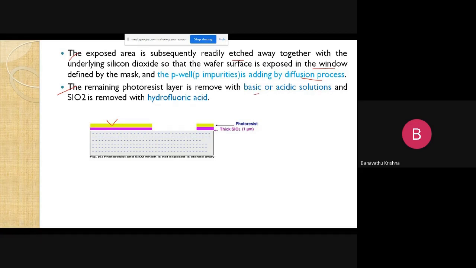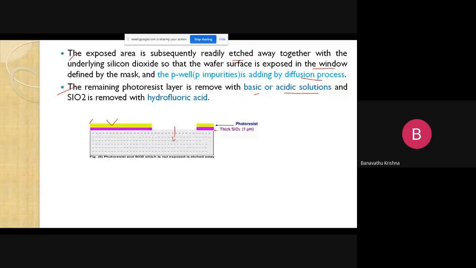The hardened area is very hardened because when the ultraviolet rays are exposed over the photoresist layer, it hardens. So if you diffuse or implant any impurities into the surface, they do not pass through this layer. Only where we need to diffuse or implant, that particular area is removed, and the impurities are injected there.